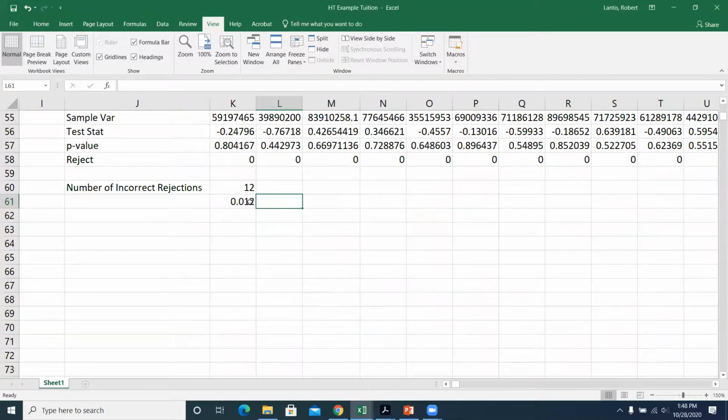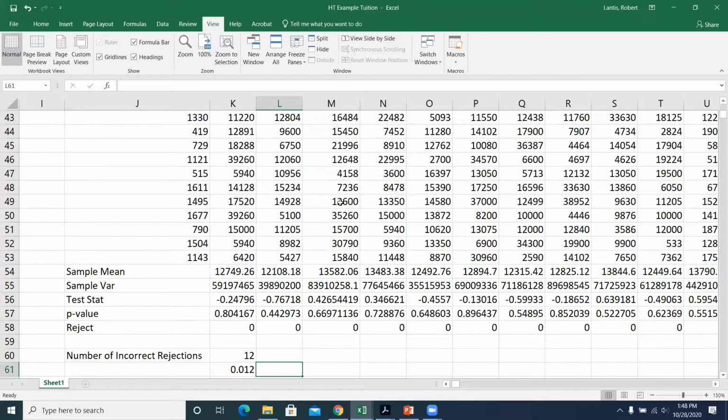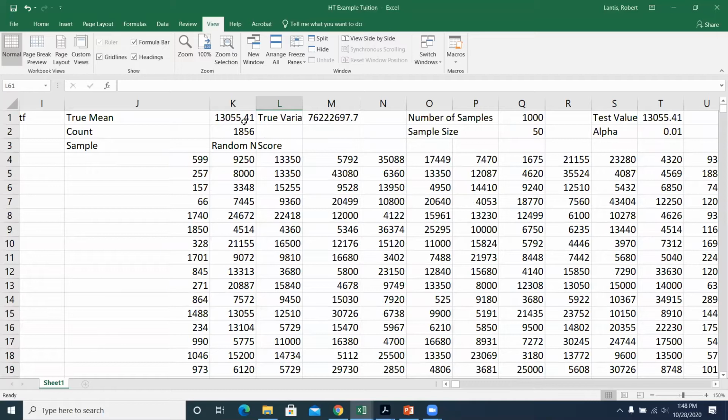Now notice I'm only making type 1 errors with a probability of about 0.01 or 1% of the time. Right? So I don't know, this is a nice little data exercise to prove that what we're doing with hypothesis testing would in fact work if we could observe what the true population mean was, which we could here because we had the actual population data, okay?